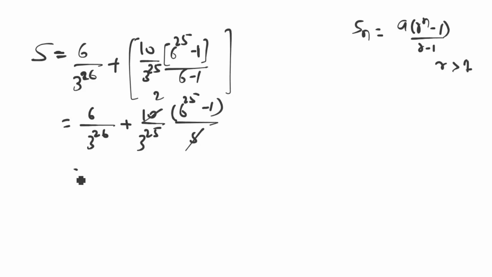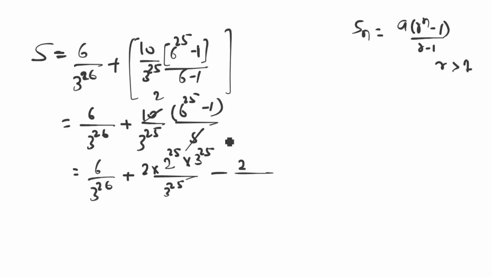Now for 6 by 3 to the power 26, if I open 6 to the power 25 as 2 to the power 25 into 3 to the power 25, divided by 3 to the power 25, minus 2 by 3 to the power 25, the 3 to the power 25 is cancelled.